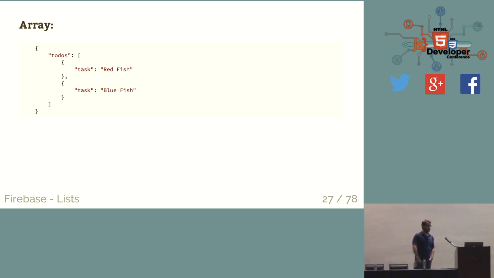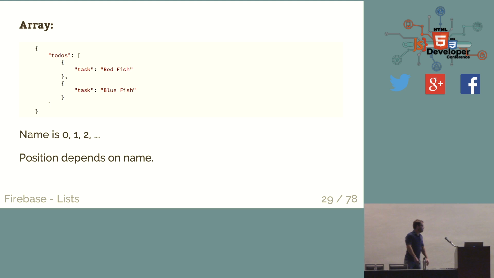With an array, the names of the items in the list are just the indices in the array, and the position of an item in the list is the same as its name. Item 0 is first in the list because it is item 0.